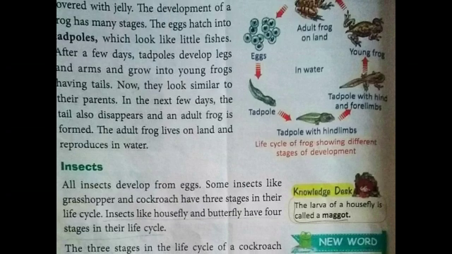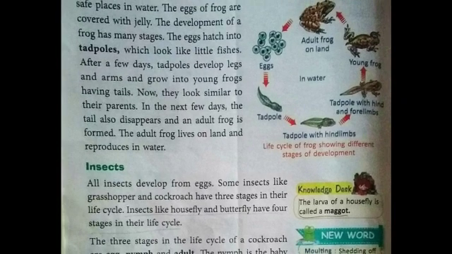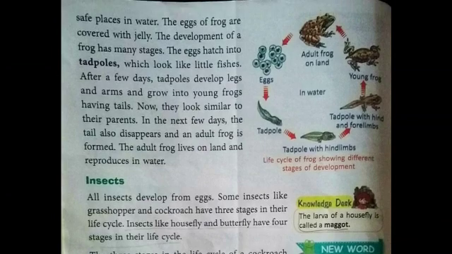As you can see, it now has legs and arms and grows into a young frog having a tail, a tadpole with hind and forelimbs. Now they look similar to their parents. In the next few days, the tail also disappears and an adult frog is formed.